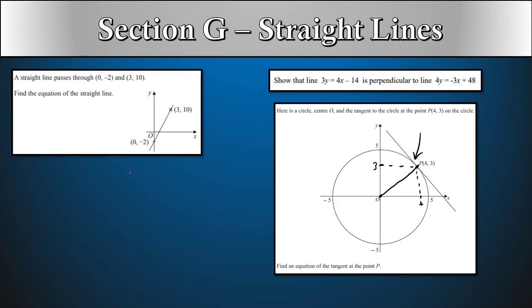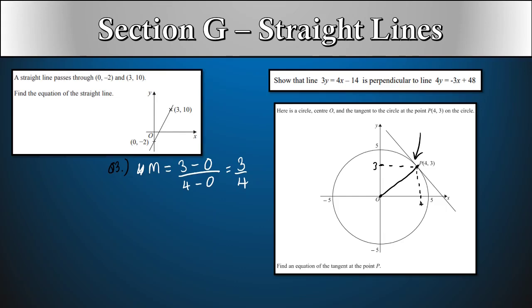The gradient, m, would simply be 3 minus 0 divided by 4 minus 0. Okay, so that would be a gradient of 3 over 4. So that's fine. We get a positive gradient there, which is what we would expect.